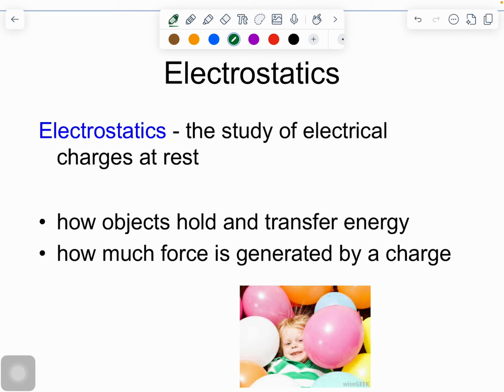We could have an abundance of electrons, we could have a deficit of electrons, and so that's ultimately what's going to determine what our electric charge is. So when we say the study of electric charges at rest, we're really focusing on the collection of electric charges or electrons on a particular object.